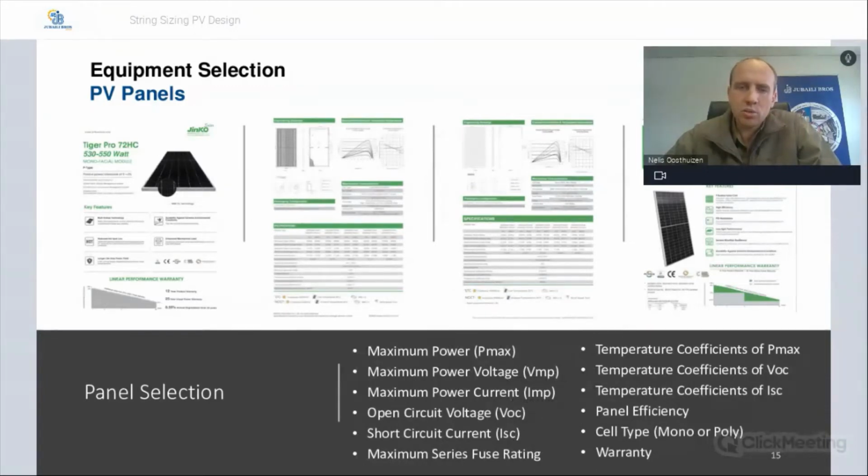If I can just mention it quickly, we recently had a project in South Africa where the EPC was using a module that had a very low open circuit voltage of 37.9 volts, but the short circuit current on those panels was a lot higher. It was 18.52.